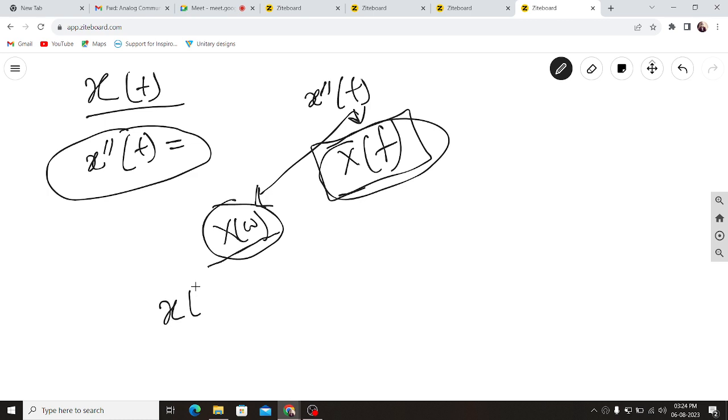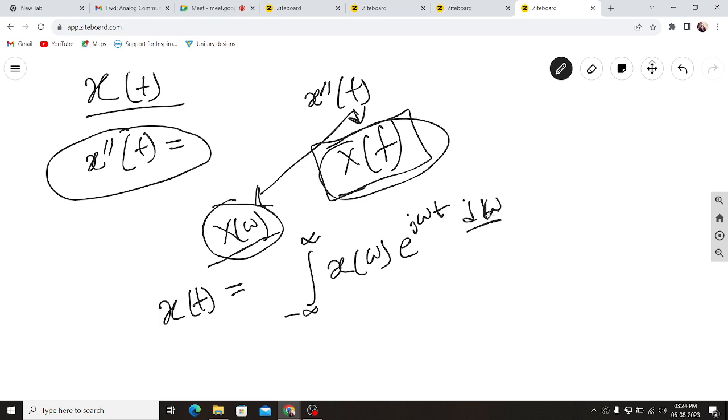So x(t) is the integral from minus infinity to infinity of X of omega e to the power j omega t d omega.